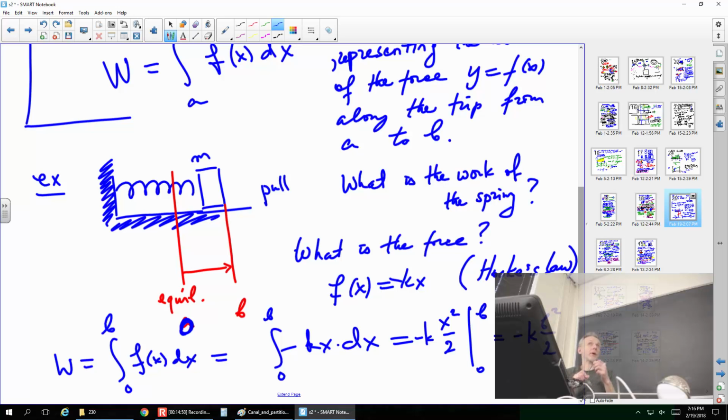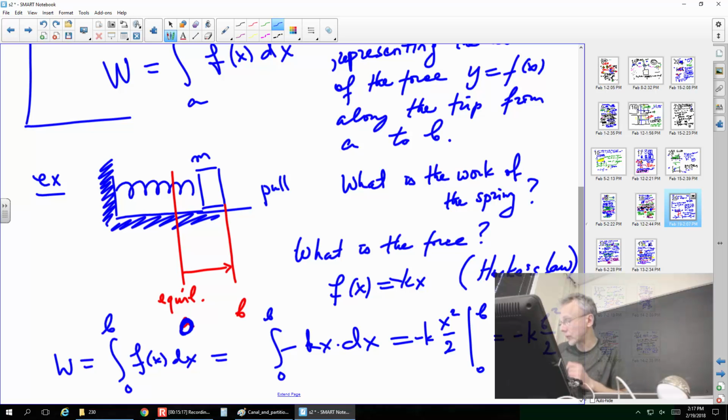Even though the nature of what's happening seemingly is different, pulling or pushing, mathematically it's the same force, and the work is also the same. Well, the force does change direction, but the work does not.